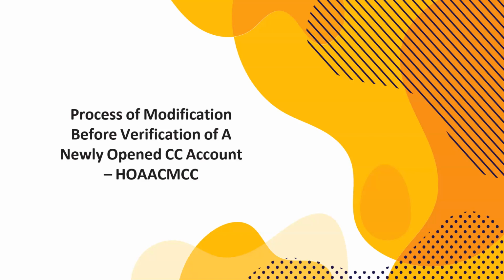I can enter it myself before giving it for verification. In earlier versions of Finacle, this was not there. So the command for that, like I told you for savings and current, HOAAC, M for modification, CC is for cash credit. So the maker can modify any details and give it to the verifier. Earlier it was to be modified by some other user and then again verified by some other user. So that process has been taken care of.